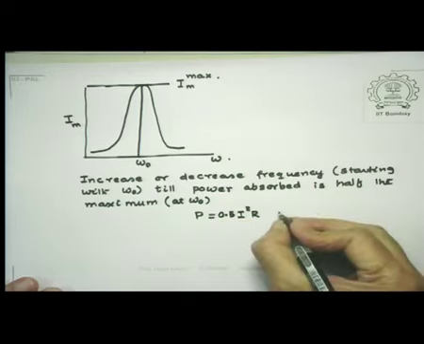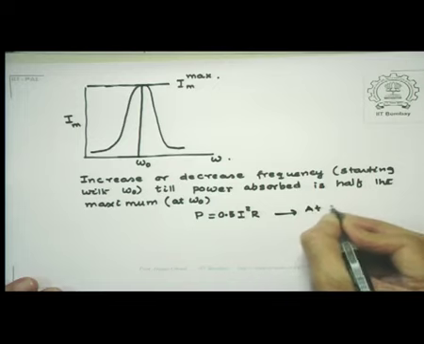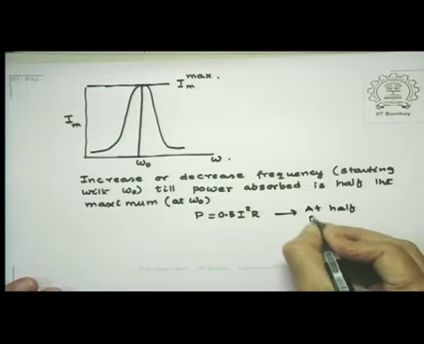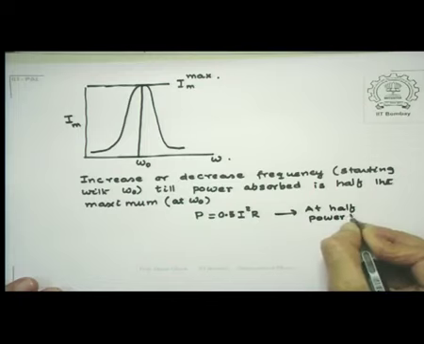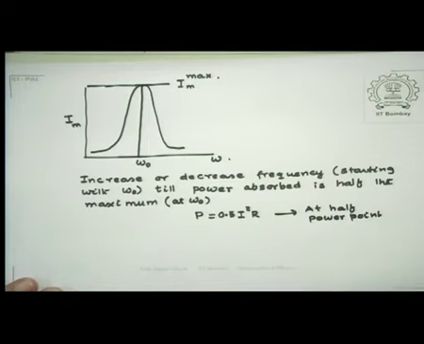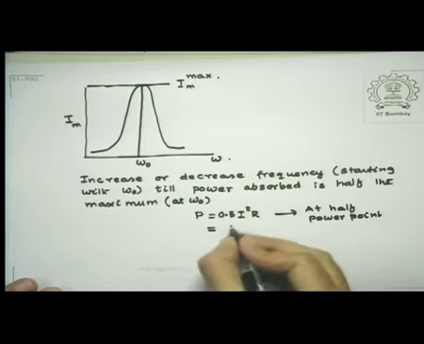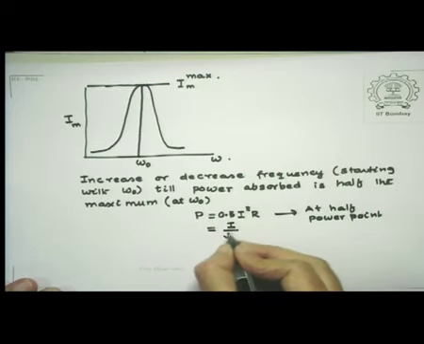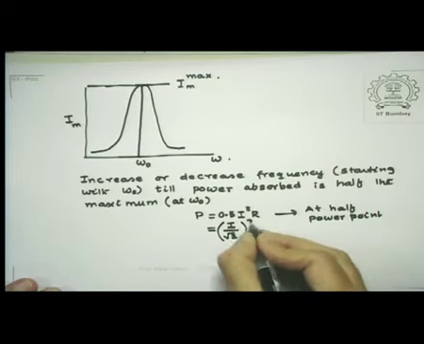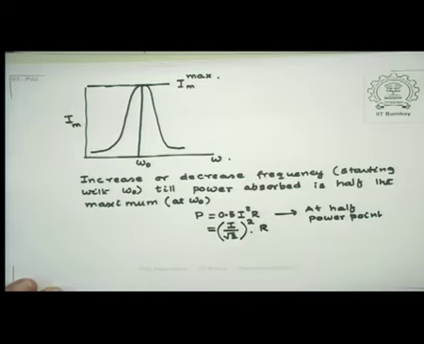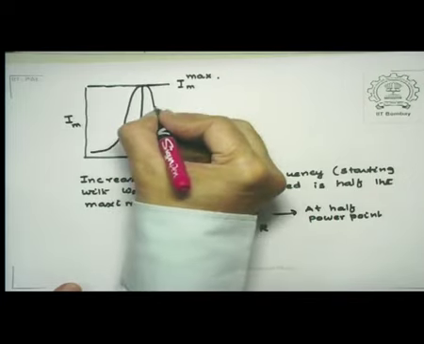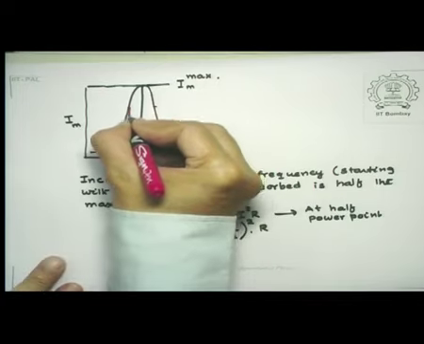So these are called half power points, which I can rewrite as I by square root of 2 whole square times R. So basically I am looking at the points where the maximum current has dropped to about 70% of its value. That's 1 over square root of 2. So these are the two points.